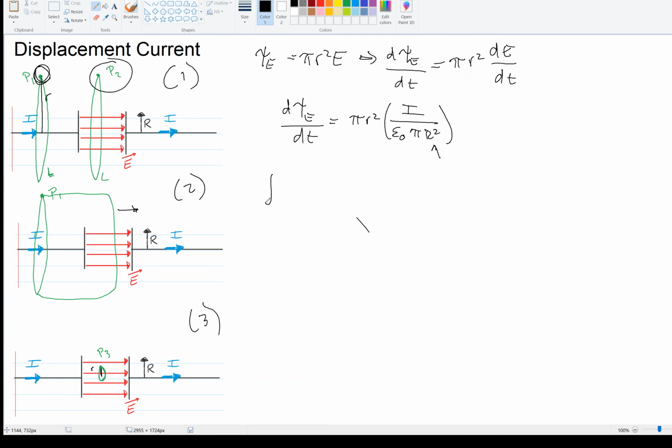So now, with Maxwell's amendment to Ampere's law, we get, well, there's no penetrating current, there's no current inside the capacitor, so this is 0 plus, that was the real current I, plus now epsilon 0 times the time derivative of electric flux, so that would be epsilon 0 times pi little r squared times I over epsilon 0 pi capital R squared, which is r squared I over capital R squared.